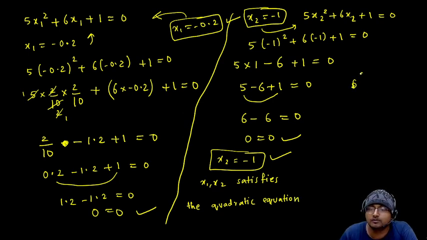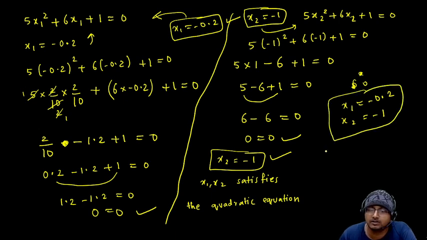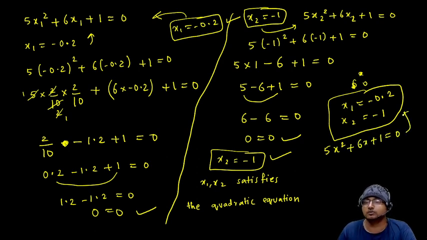Hence, therefore, x1 is equal to minus 0.2, x2 is equal to minus 1 are the roots of the equation. What is the equation? 5x square plus 6x plus 1 is equal to 0. These are the roots of that equation.